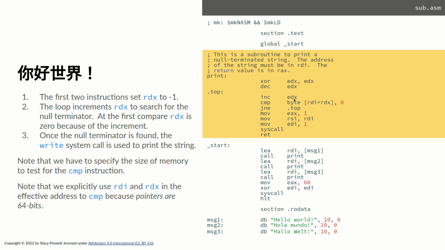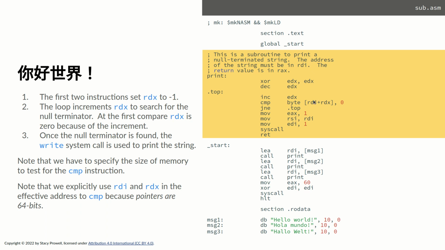The first thing we did was increment this, so now it holds 0. The only reason for setting it to -1 is so that this will set it to 0. This is going to effectively be unsigned, and we're fine. So the string start address plus the byte index starting at 0, and we compare that to 0. We say, do we have a null? Until we find it. And if it's not equal to the null, we go back to the top, we increment EDX, and we just keep going.